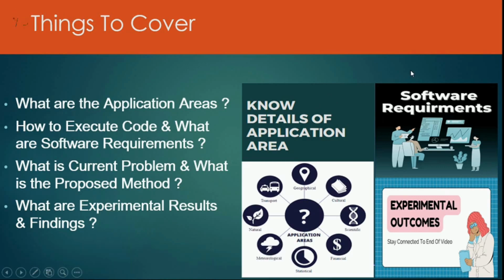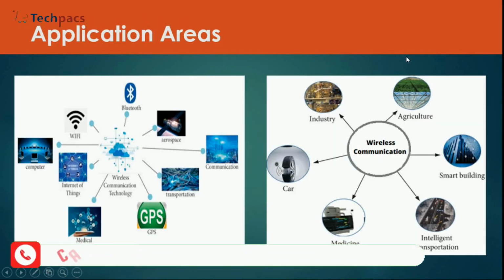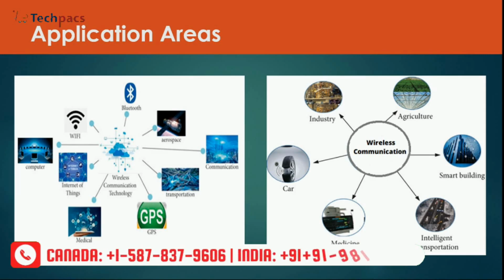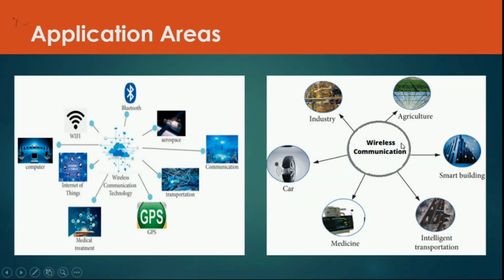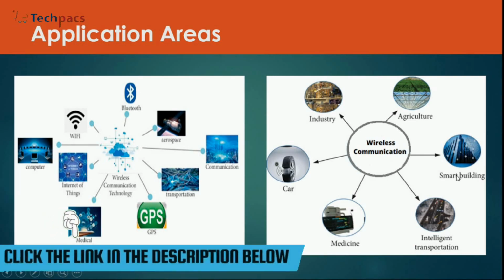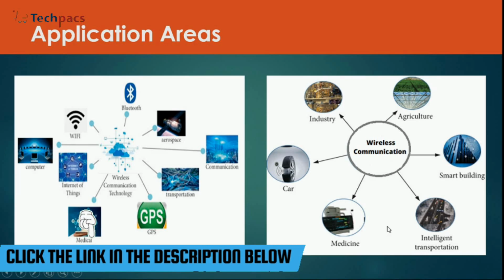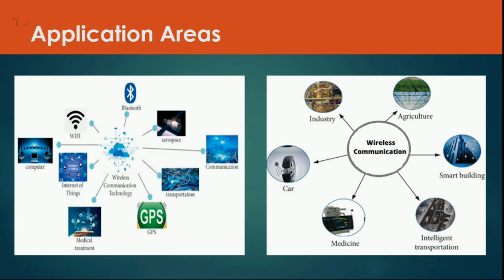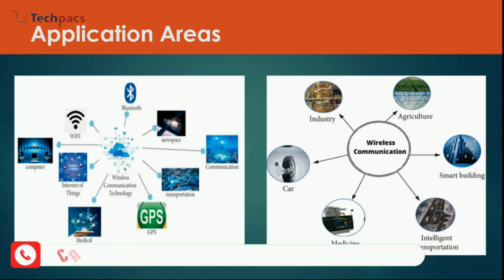The designed protocol is a routing protocol, which is basically transmitting data wirelessly from one place to another. It is specifically for VANETs in the code, but it can be implemented in certain regions. Wireless communication is the main domain under which smart agriculture, smart buildings, intelligent transportation, medical, and specifically vehicle-related applications fall, because one of the concerns for the nodes is mobility, since they are moving from one place to another.